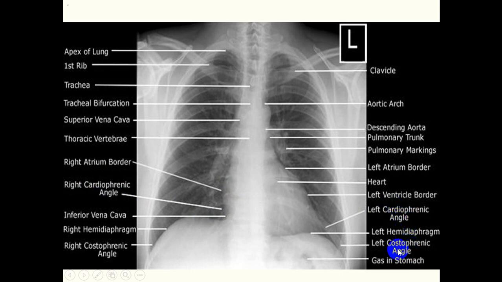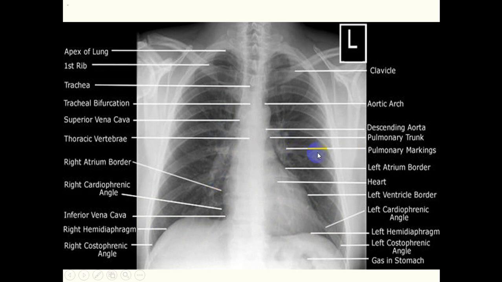These angles are important as they are blurred when there is fluid collection in the pleural cavity, like in pleural effusion, hemothorax. Then markings of the root of the lung are also visible here. These markings are seen because of the branches of the bronchial tree and the pulmonary vessels.